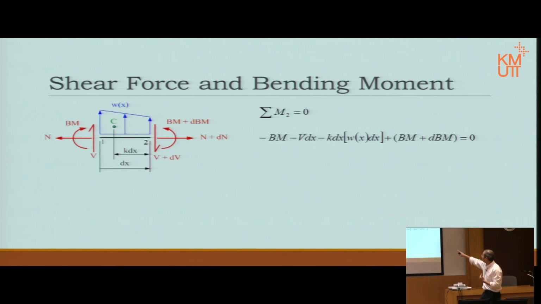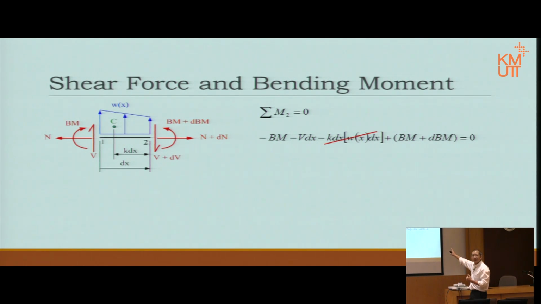And then the last term from the bending moment on the right hand side, Bm plus dBm. Well, this is all moment about point 2. Therefore, the summation for equilibrium must be 0. Now we have the term minus Bm, we have the term Bm, then they disappear. Oh, that one, notice in the equation we have dx times dx.